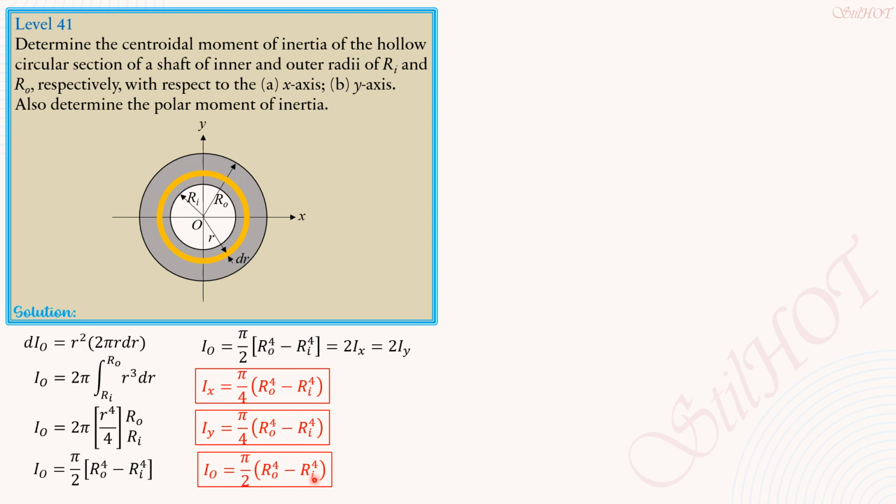And the result would be pi over 32 for I sub O or J sub O, pi over 32 quantity big diameter to the fourth minus small diameter to the fourth. So that's it.